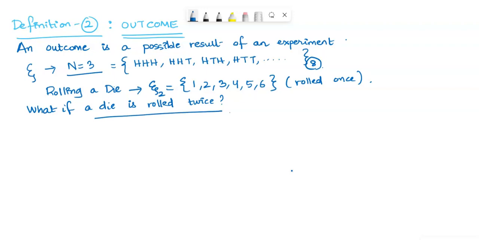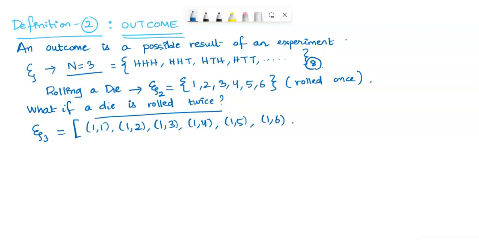So in this case, we can denote the outcomes of a die rolled twice like this. 1,1, 1,2, 1,3, 1,4, 1,5, 1,6, where the first instant we have kept constant and varied the second one. By doing this, we got 6 outcomes.